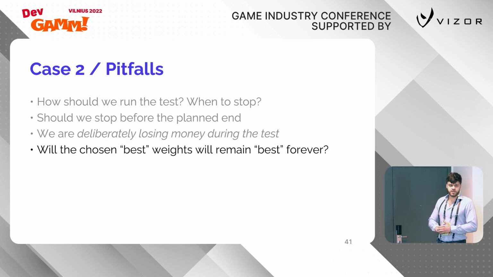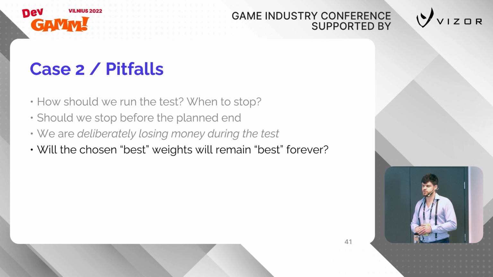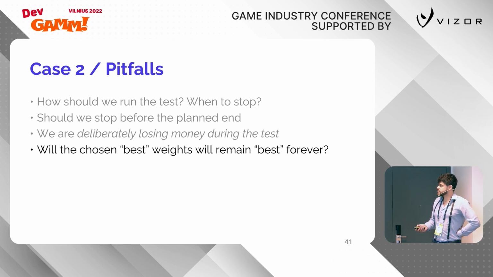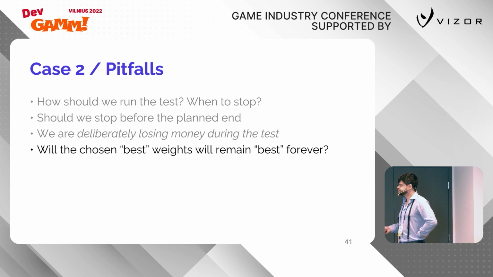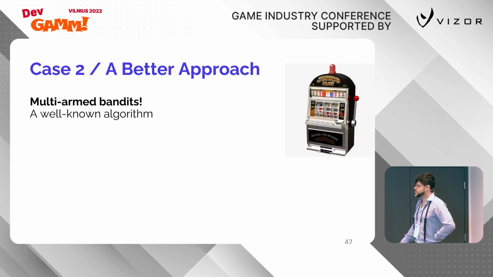And then after we have decided what's the best offer, what's the best set of parameters, the question arises: is it true that this set of parameters will be the best forever? Again, these are hard questions. They don't have any good answers. So we can sidestep all of them using multi-armed bandits.